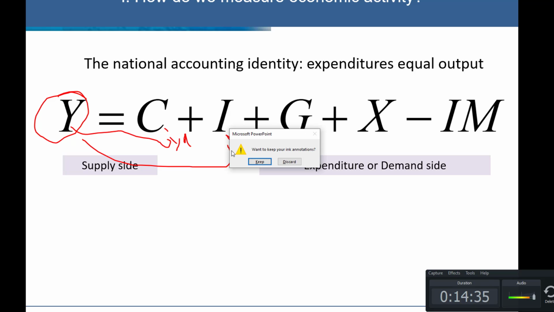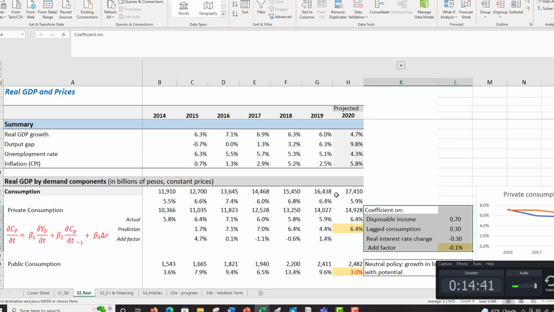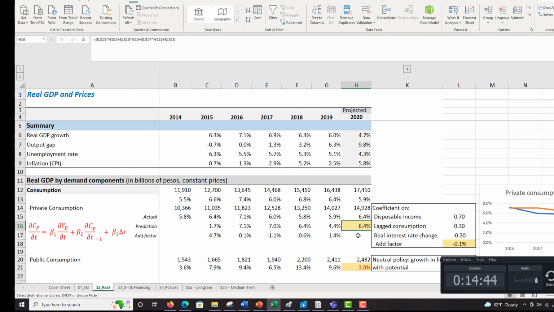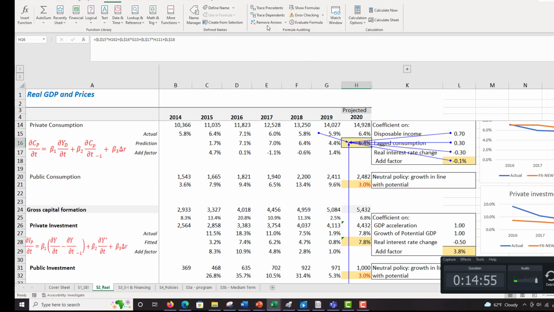Instead, what I'm going to do here, I'm going to take us right here to the spreadsheet, and okay, so you can see here. In this case, we can trace some precedents here. So you can see here that this cell here, this is H16, is simply the reflection of these coefficients here, plus the add factor, and these other factors here.